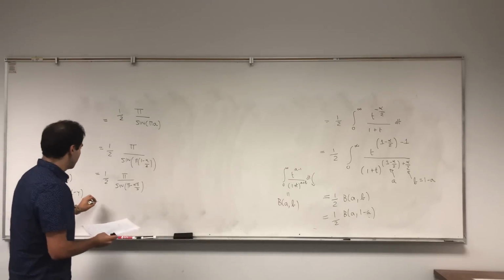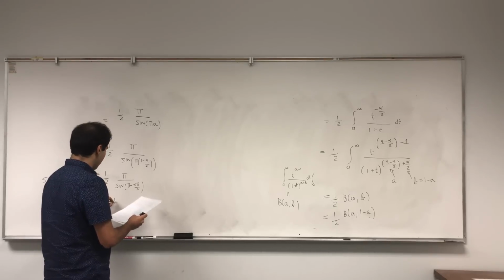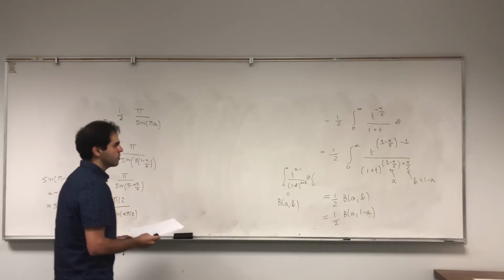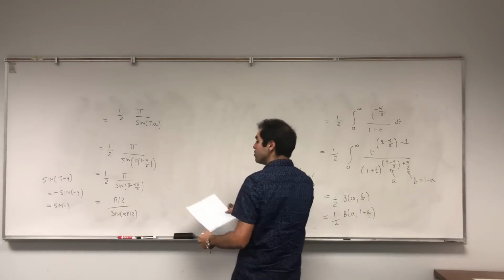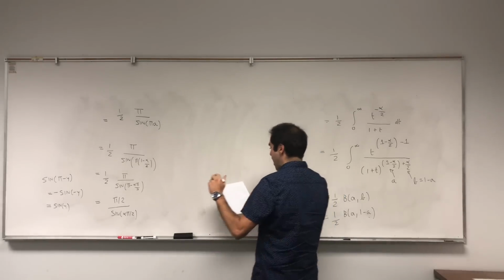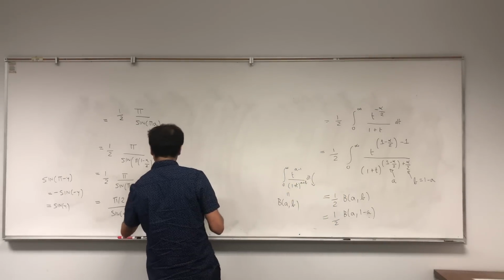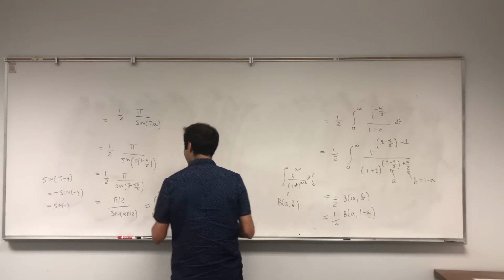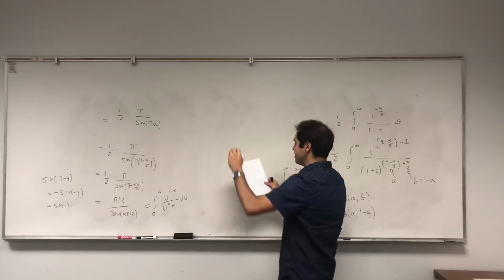So really, what we're left with is pi over 2 divided by sine of alpha pi over 2. And that was our first integral. So that was the integral from 0 to infinity of u to the 1 minus alpha over u squared plus 1 du. Which is great, a completely explicit form.